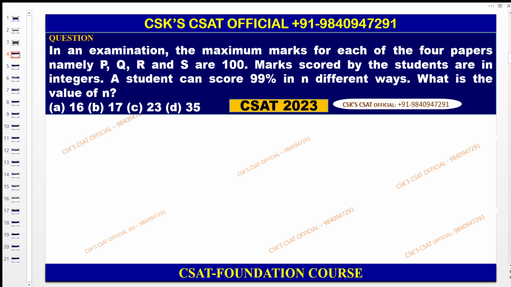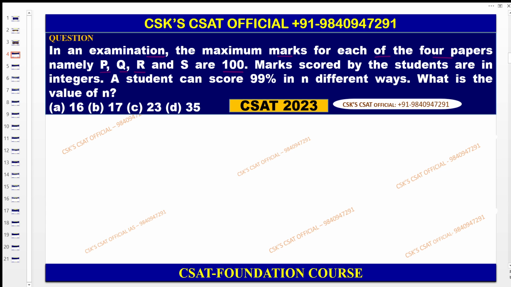In an examination, the maximum mark for each of the four papers, namely P, Q, R, S, is 100, which means all the four subjects carry 100 marks each. The marks scored by the students are integers.